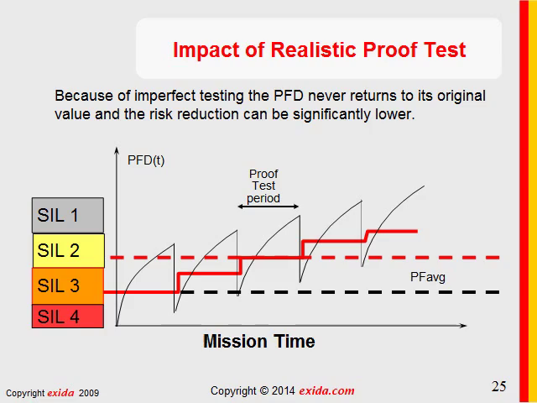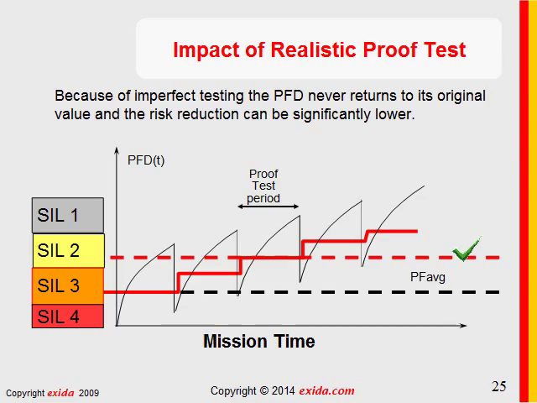You can see, if you look at the black line called PFAvg, that's the average for one cycle. That's the number you get with the simplified equation, the one we just showed you. Even one that accounts for DD and MTTR. What we really need is an equation that gives us the red dotted line. Because over a mission time, the probability of failure keeps growing every test period.